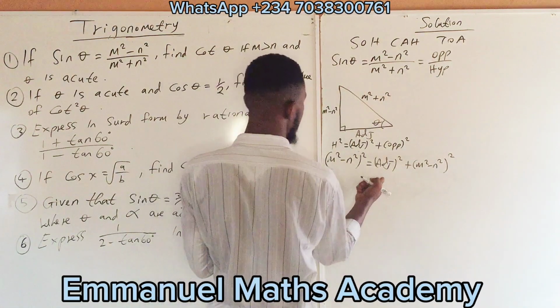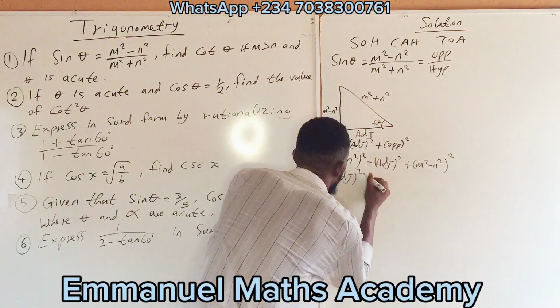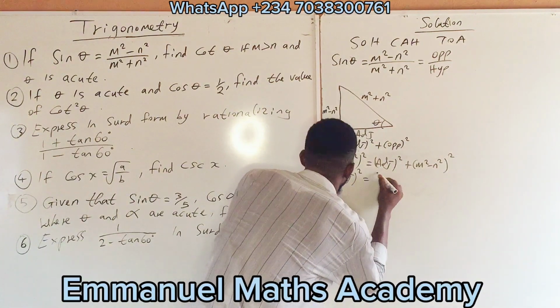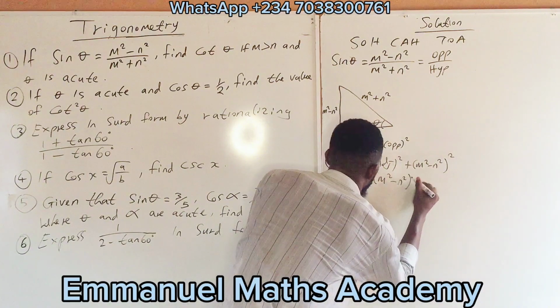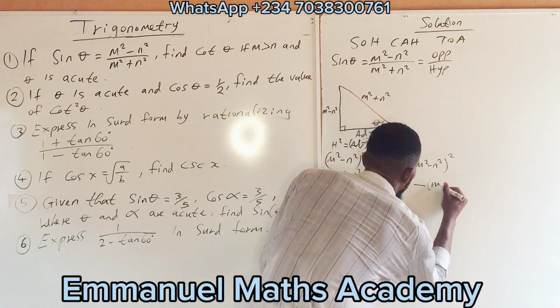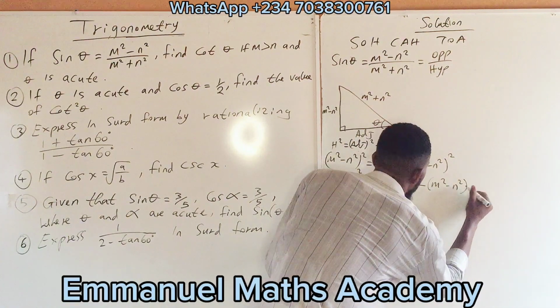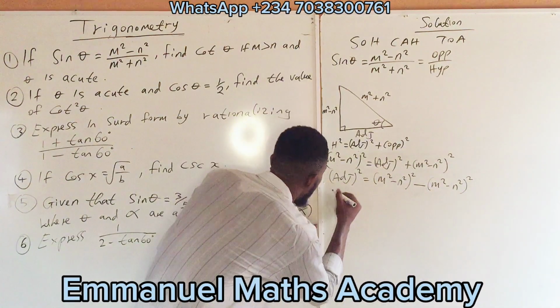Right? You now make this the subject. Now we have adjacent square equal to m square plus n square all power 2 minus m square minus n square all power 2. Right? You now expand.